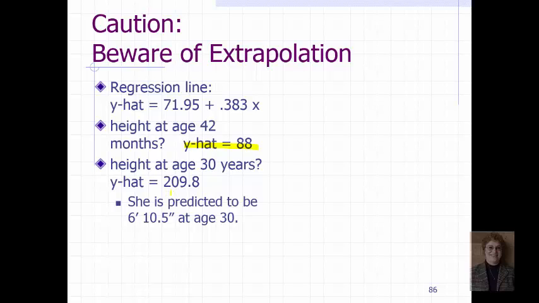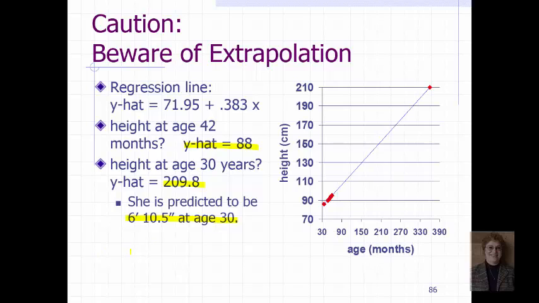But her height at age 30 years, using our line of least squares regression, comes out to be almost 210 centimeters. So that's going to be 6 foot 10.5 inches at age 30. How many 30-year-old women do you know that are 6 foot 10.5 inches tall? Think about, why couldn't we use that equation to predict Sarah's height?